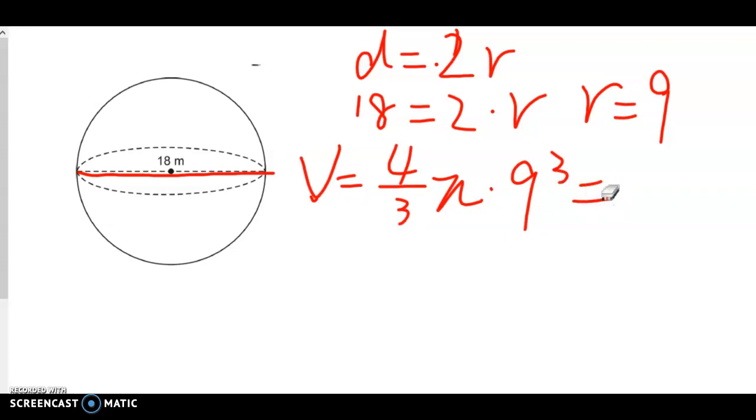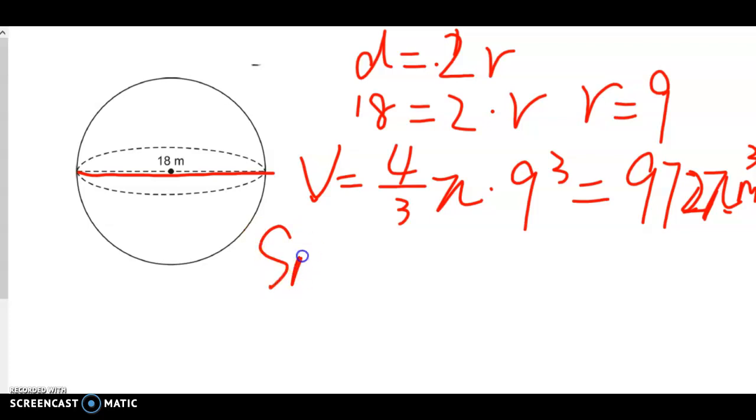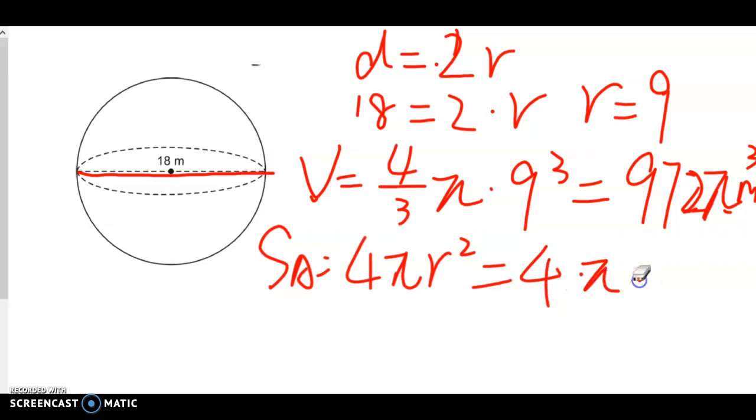So for volume, that will be equal to 4 over 3 pi times 9 cubed. Simplifying it, we will have the answer, which is 972 pi meters cubed. And then for the surface area, which is 4 pi r squared, that's equal to 4 times pi times 9 squared.